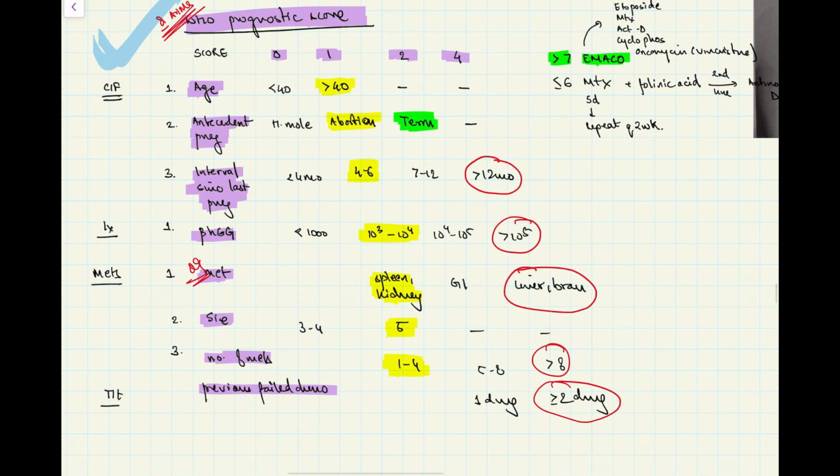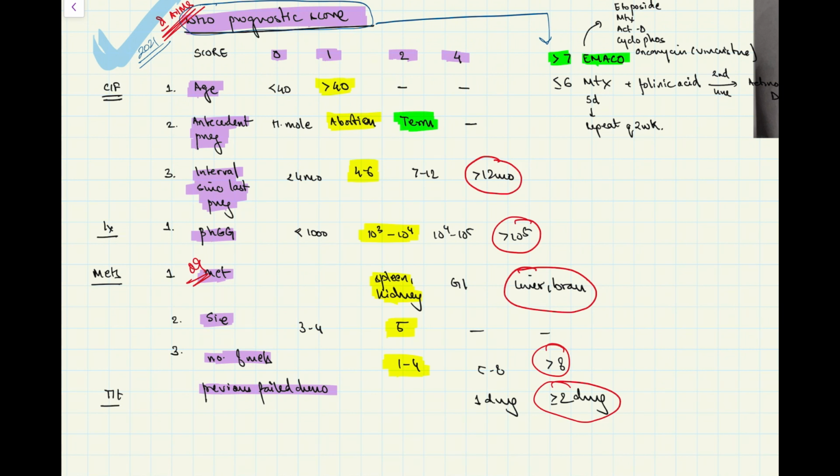Another important, for prognosis, the WHO prognostic scoring is used, and based upon it the treatment is given for the GTNs. So, this was asked in 2021 AIIMS, that what would be the treatment of a patient, and a whole clinical scenario was given.